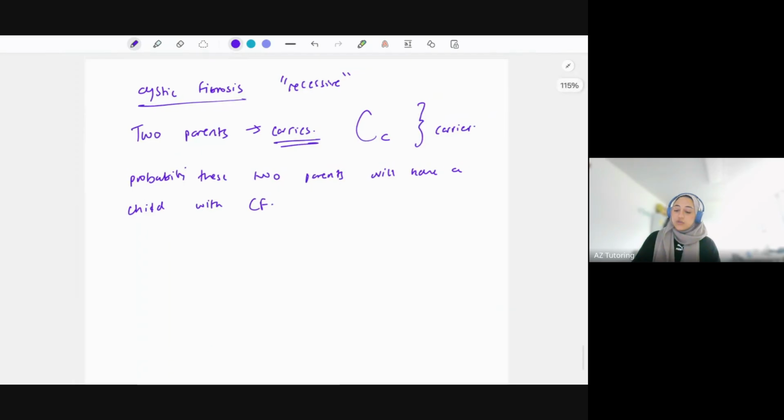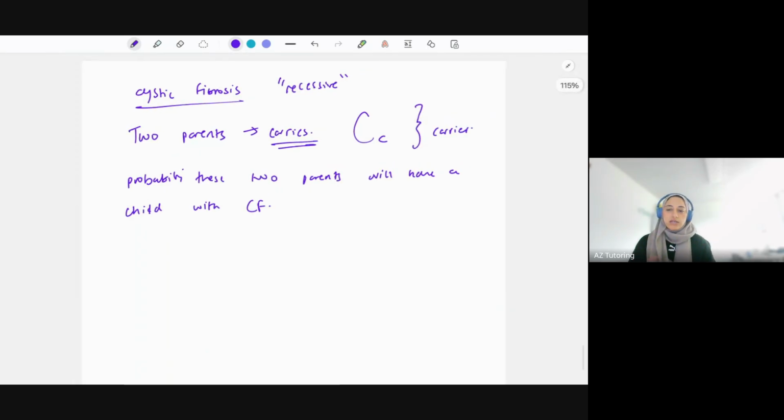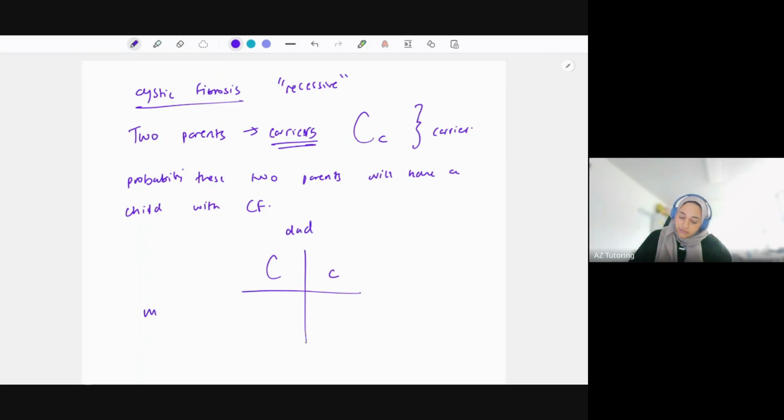So because they've told us both parents are carriers, the Punnett squares are nice, easy 5 markers. If they give you something you've never seen before, it's still the same thing. They'll just tell you whether it's dominant or recessive and just follow it that way. So they've said 2 parents are carriers, meaning the dad will have capital C, lowercase c, and the mom will also have capital C and lowercase c.